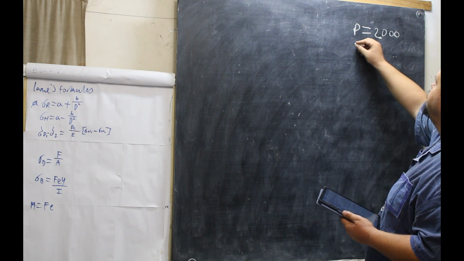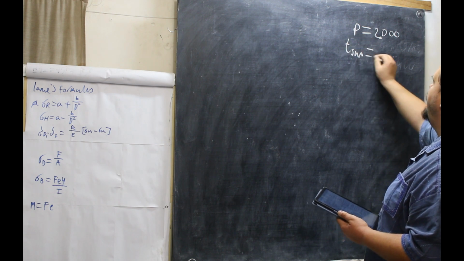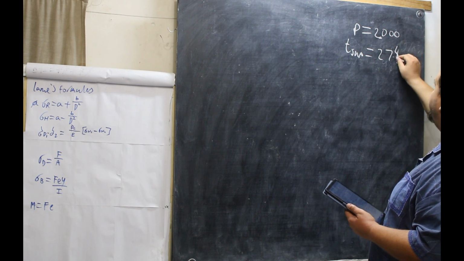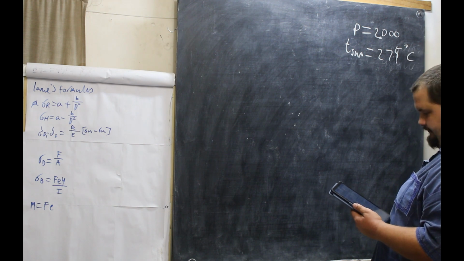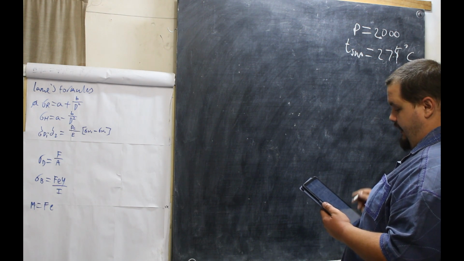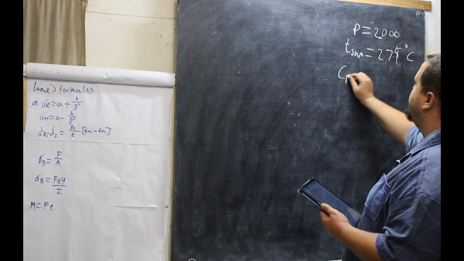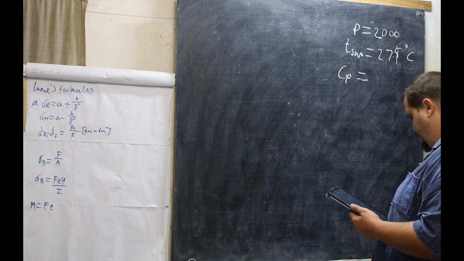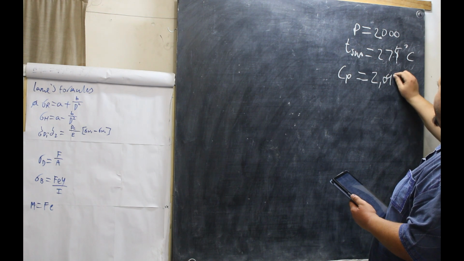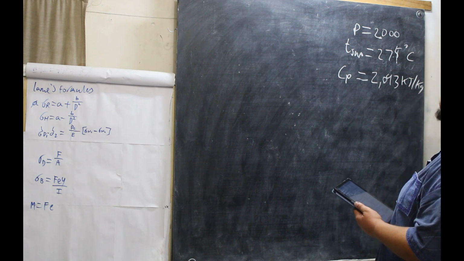The temperature, which I will say T sup, you'll see why now, is 275 degrees C. Take specific heat of superheated steam, so this is Cp. Cp is equal to 2,093 kilojoules per kg.